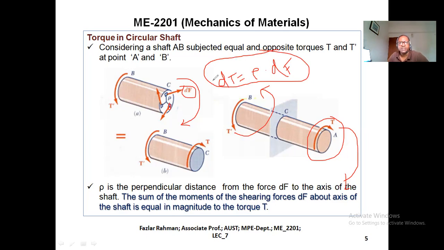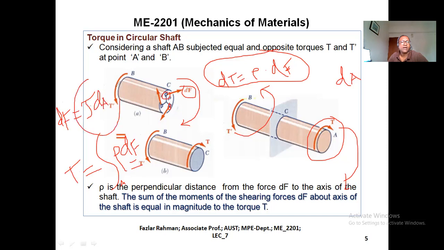Now this dT we get for a small force working on an area dA. Now how can we get the total torque? You just integrate: total torque equals the integration of rho dF over the area, because dF works on a small area, and this dF we can substitute by tau, because dF equals tau into dA.